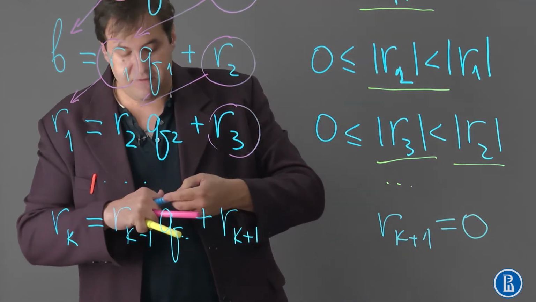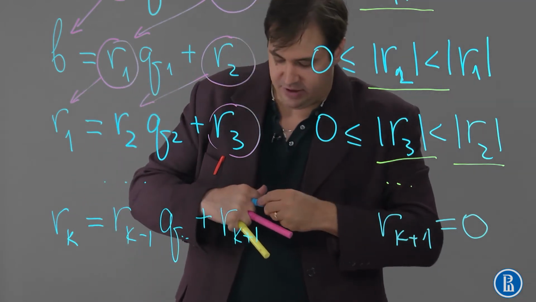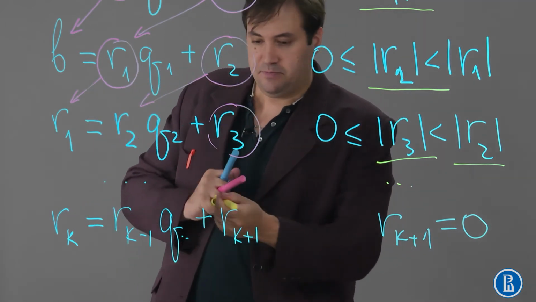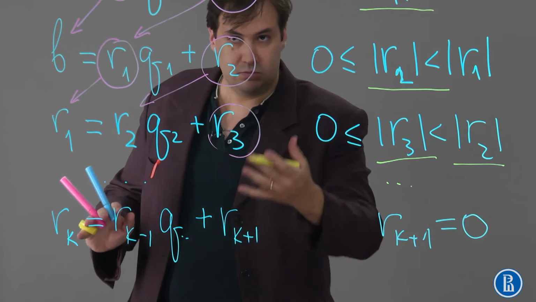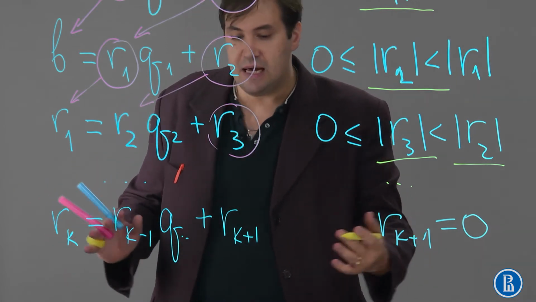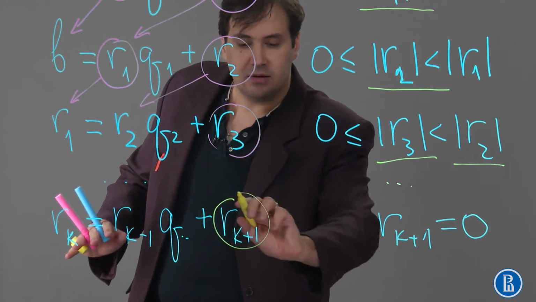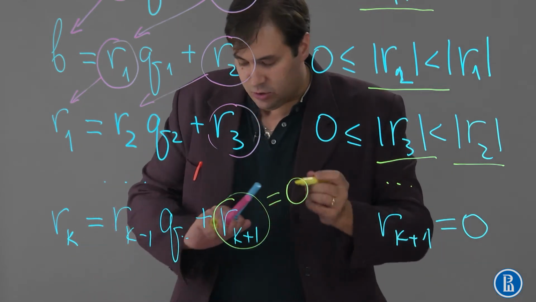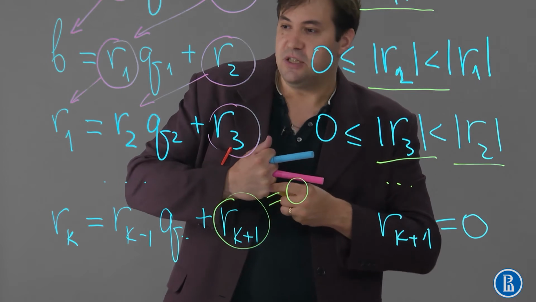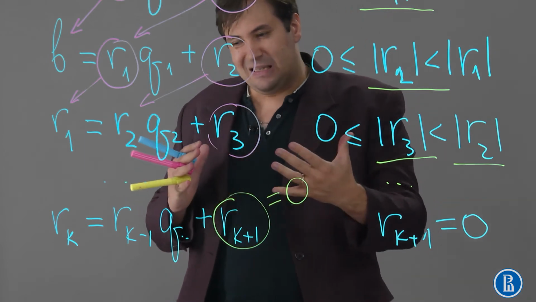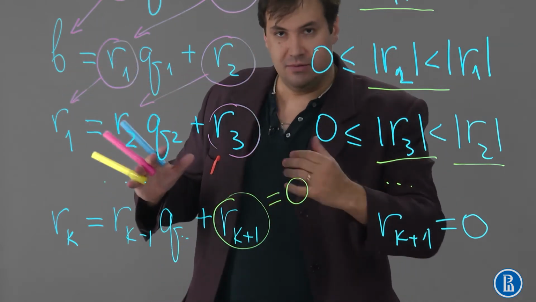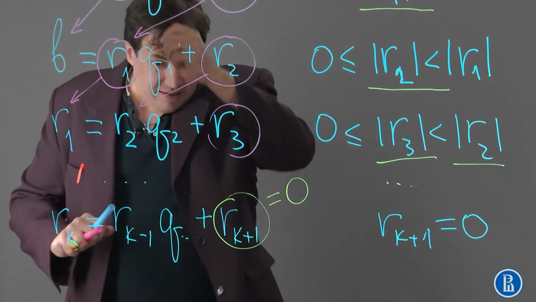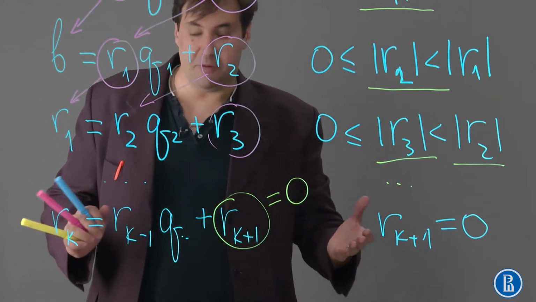So this is the final step of the Euclidean algorithm, and we can no longer divide with remainders because we got a remainder equal to 0. This is where the Euclidean algorithm is finished. And why did we do all these divisions? The answer is simple.